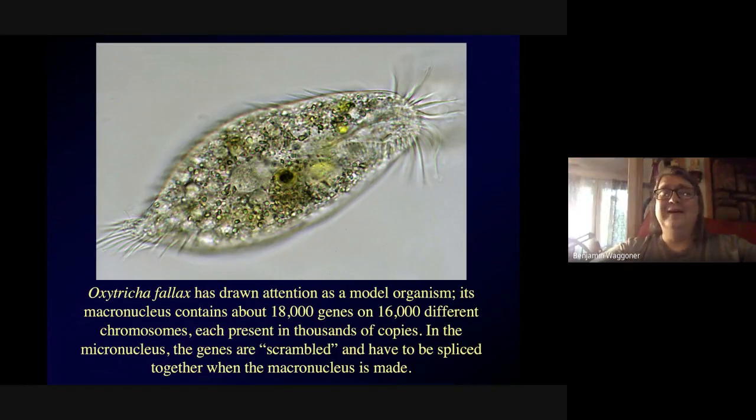It's really weird that these guys do this very complicated splicing trick, and there's quite a bit of interest as to how and why they do it, and what this could tell us about DNA editing and splicing. So, if you're interested in cell biology, there's a number of really cool papers that have come out about Oxytricha trifallax.